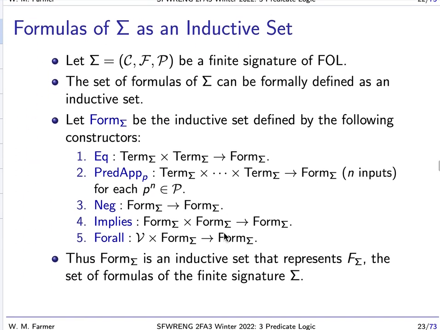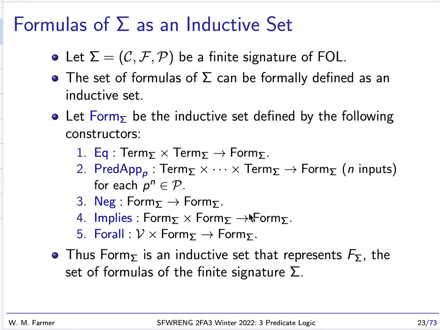Now, just the way we define the set of terms of a signature as an inductive set, we can define the set of formulas as an inductive set. So, I should say we can do this when we have a finite signature. Let sigma be a finite signature of FOL, and we'll define forms of sigma, and we'll have 5 kinds of constructors: EQ, predap P for each predicate symbol, and neg, implies, and forall. Remember, we have only a finite number of predicate symbols.